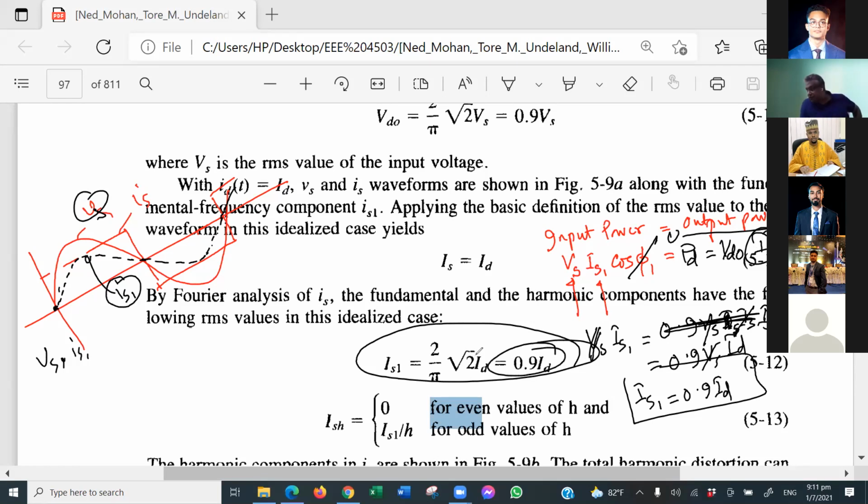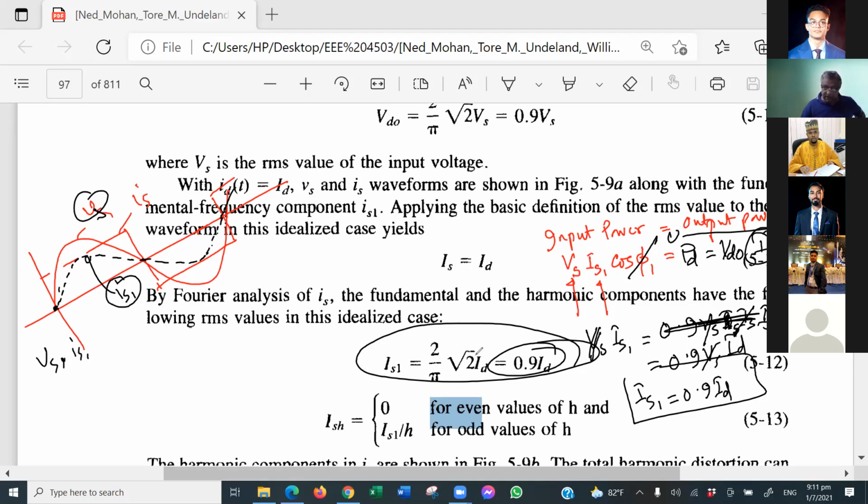But the Fourier series is a very clumsy and cumbersome analysis, so I always prefer to teach my students that the RMS value of the first harmonic current will be 0.9 of your output current, that means the current flowing through your load.